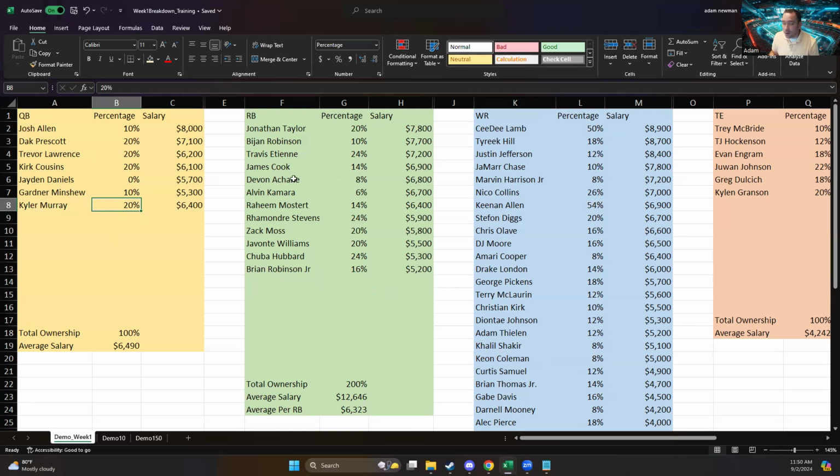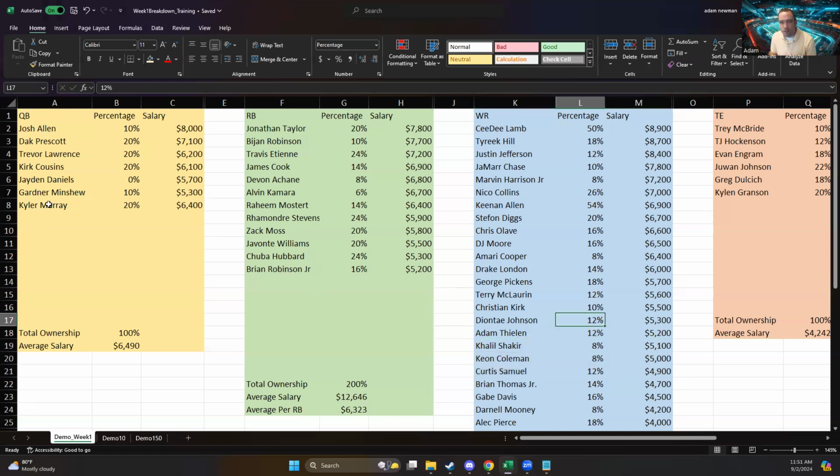And because I've limited how much my exposure is to these players, the Bink machine is going to actually deflate the rostership percentages of Allen and or Murray, because it's got to fit in the constraints of the pass catcher ownership.